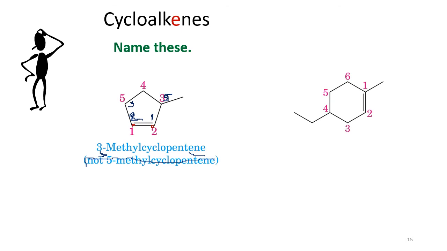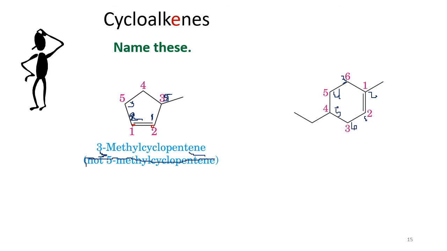Same argument is true for 2 substituents. If we look at the alternate way of numbering this, there are only 2 ways to number when you have a cycloalkene. You have to start with 1 at one of the carbon atoms of the double bond and then go around. 3, 4, 5, 6.